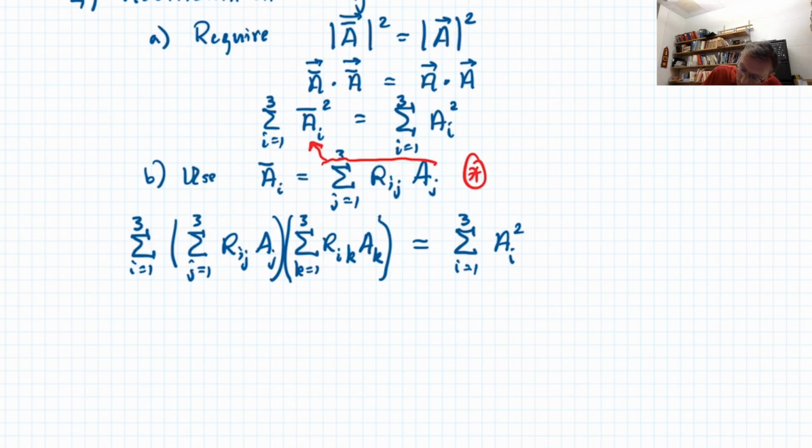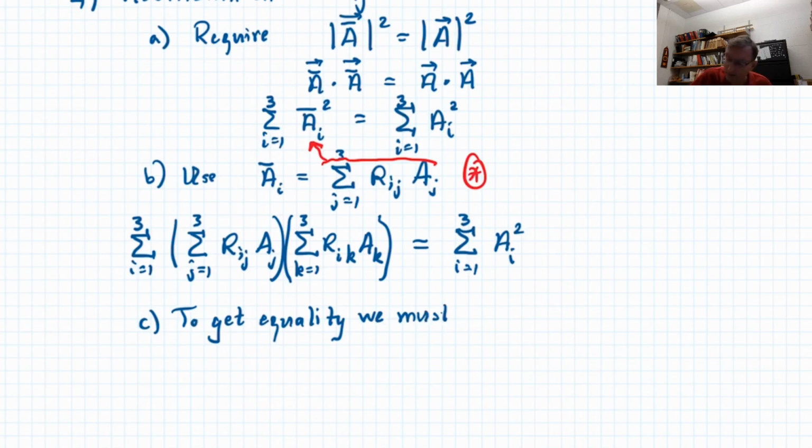Okay? And so, here's what has to happen. To get the equality of the two sides, I contend that we must have the following result: the sum over the I index, going from 1 to 3, of the product of the R's that we have here.